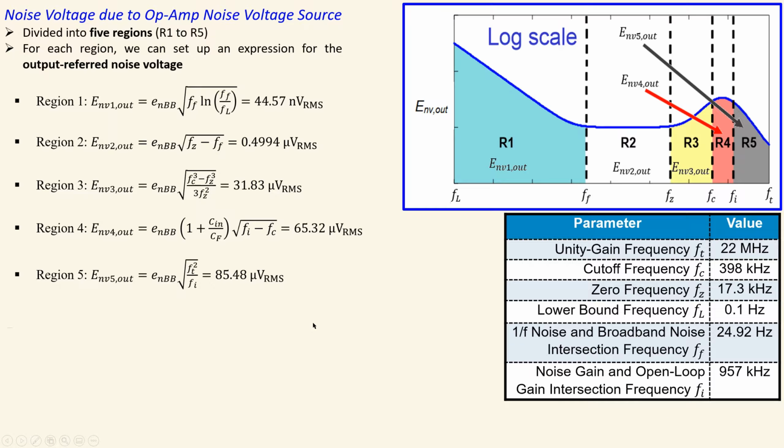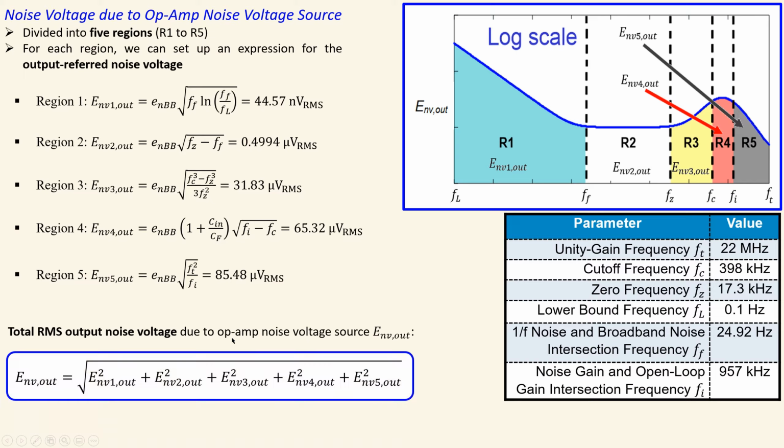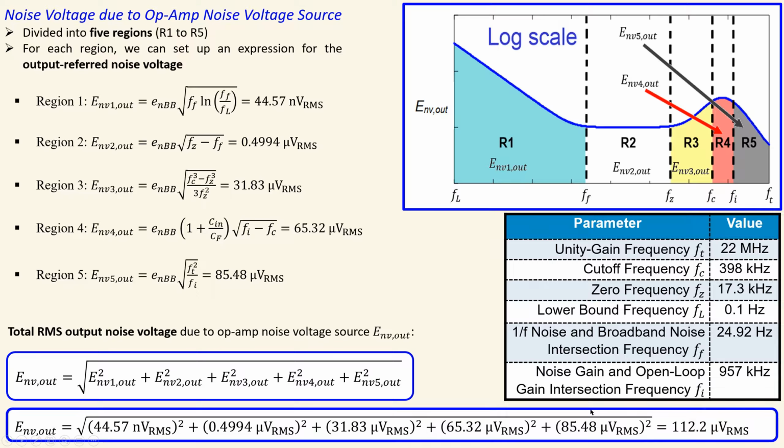Now if I combine these to get a total RMS output noise voltage due to the op-amp noise voltage sources, again using the root sum of squares formula, I will get 112.2 microvolts RMS. That's the contribution just by the op-amp noise voltage sources.